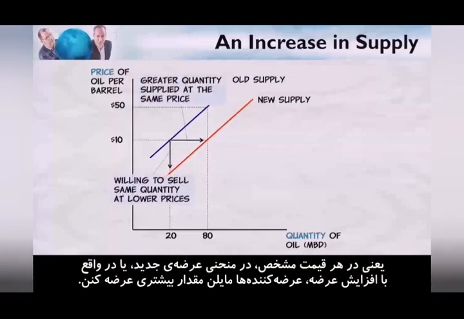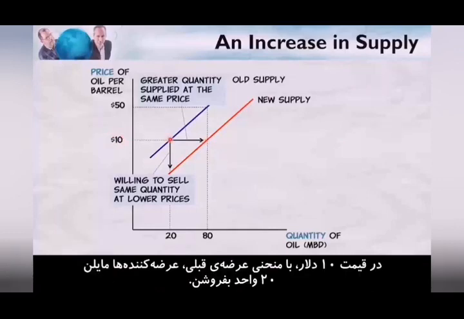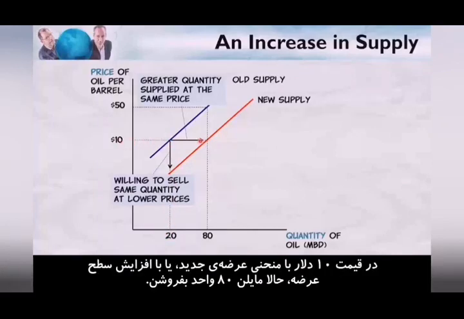We can understand this a little bit better by thinking about exactly what it means. It means that at any given price, with the increased supply, suppliers are now willing to supply a greater quantity. At the price of $10 using the old supply curve, they were willing to sell 20 units. At a price of $10 with the new supply curve, they're now willing to sell 80 units.